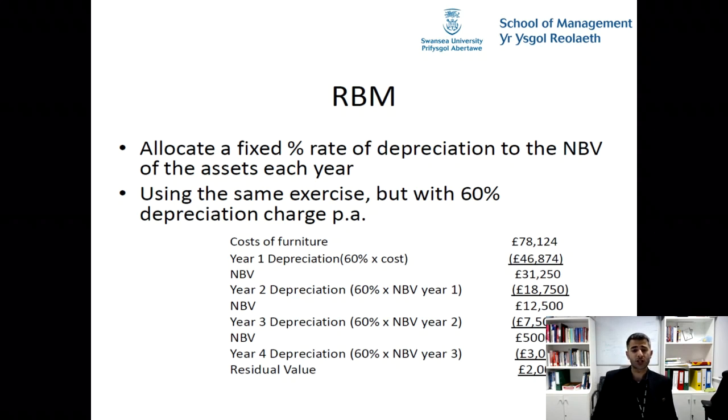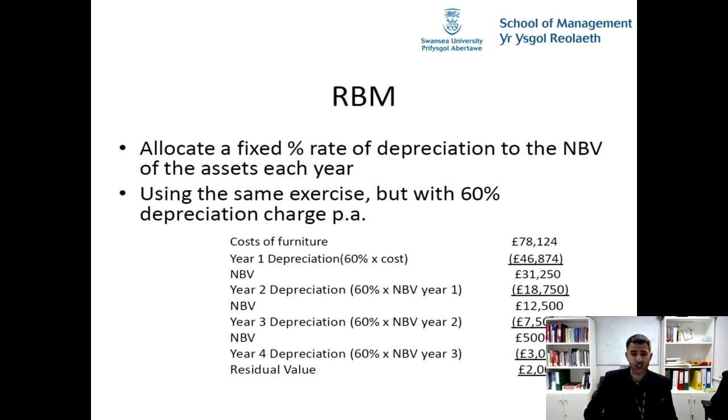First of all, when you start with year 1, you take the cost of the furniture and multiply by the depreciation rate. So the cost, which is £78,124, you multiply by 60%, and that comes to 46,874.